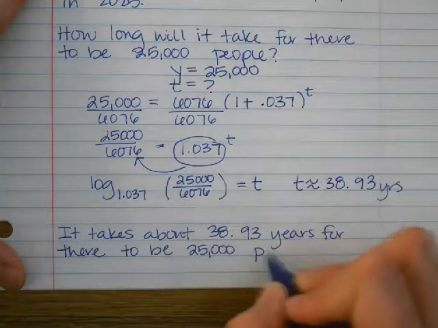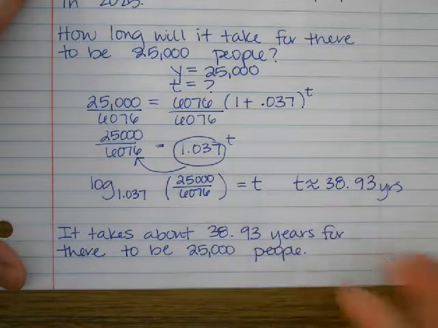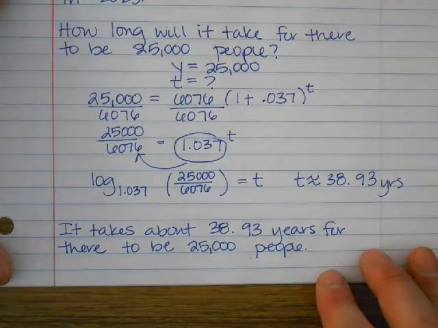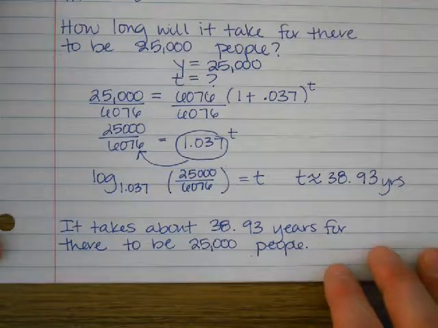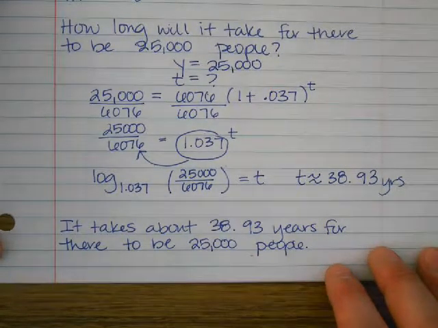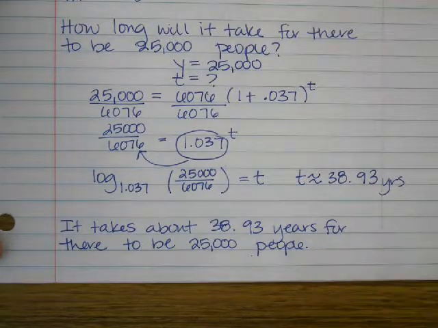What if you rounded up to 39? 39 would be okay. It kind of depends on the instructions and the problem. In the instructions, I might ask you to round to 2 decimal places. And if you round it up to the nearest whole number, then I might take off like half a point and say you didn't round like I told you to. But other than that, you're right. Mathematically, you still found the right answer.